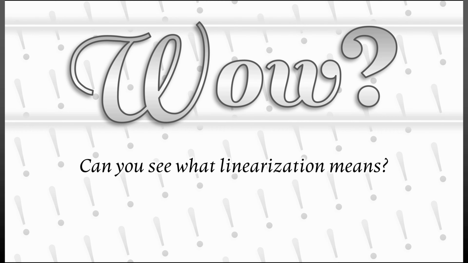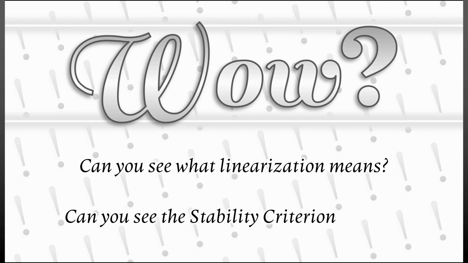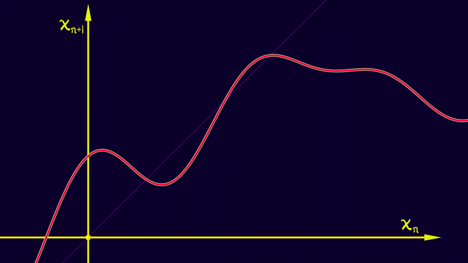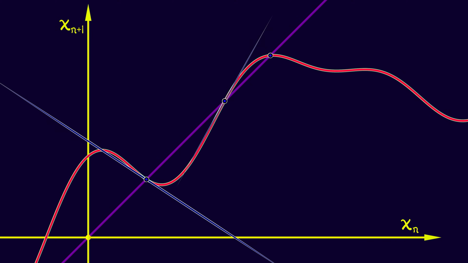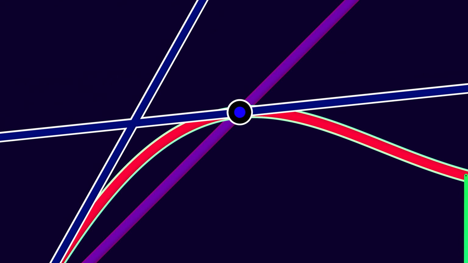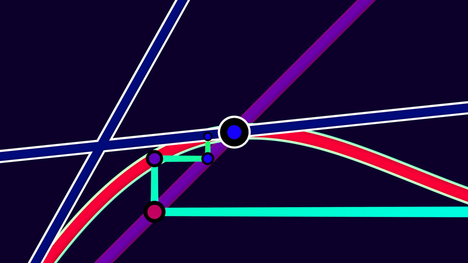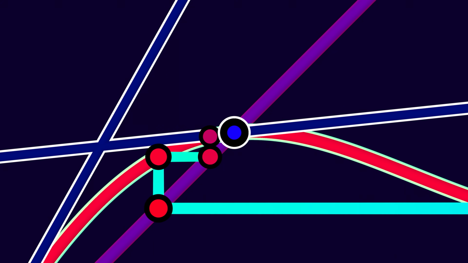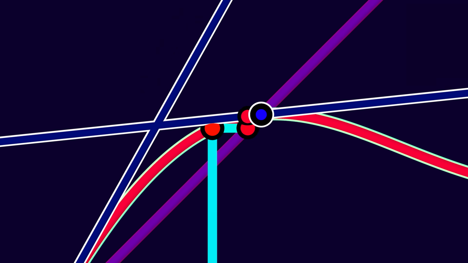Can we see what linearization means? Can we see the details of the stability criterion emerge? It's a little bit harder in this case. Let's focus on what is happening in a neighborhood of an equilibrium, where the graph of that function f is approximately a straight line. That's what linearization means. And then when the slope of this graph is less than 1, you can see, drawing that diagram, that we're just bouncing around, going straight into that equilibrium.